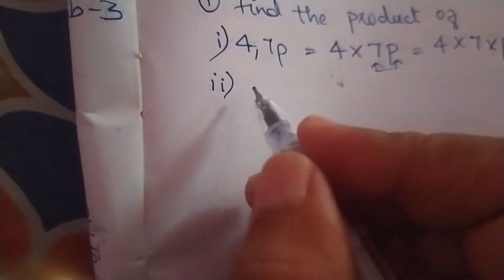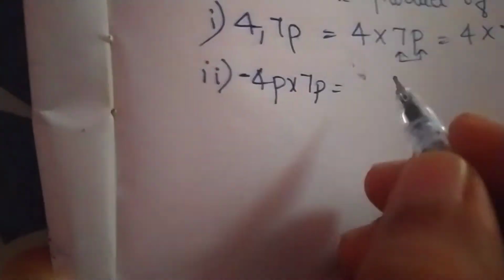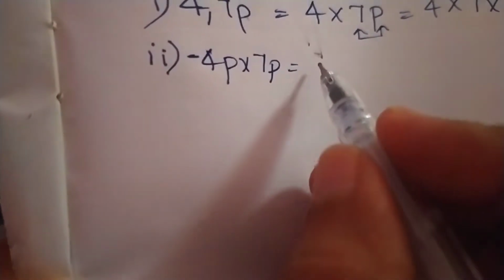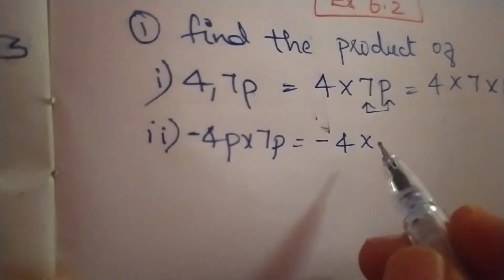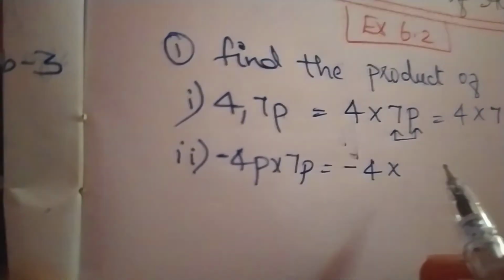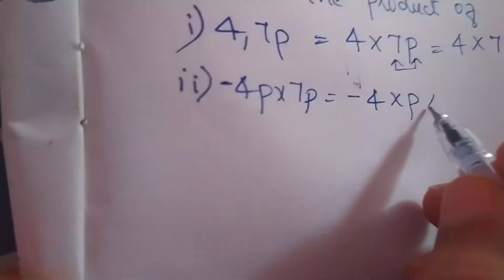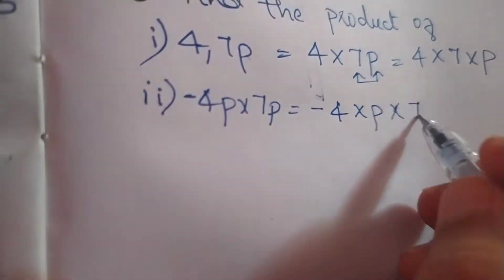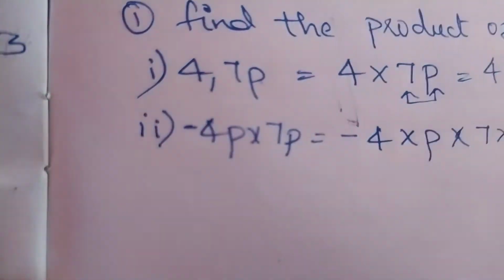Now the second problem says minus 4p into 7p. Now what does this mean? This means it is minus 4 into p, right? Into 7 into p. Okay, children.